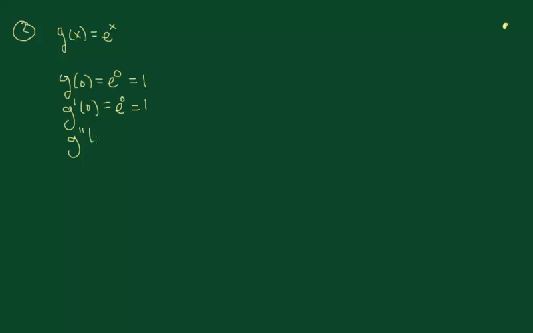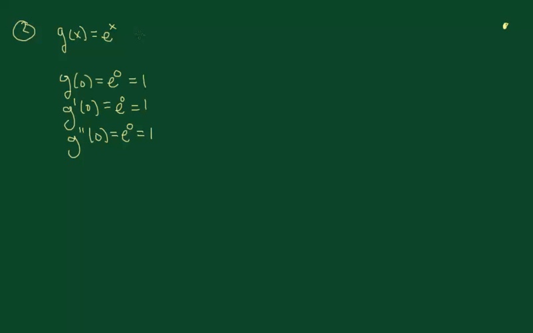The second derivative at 0, behold, is also 1. So you'll see no matter how many derivatives I take, it's always going to be 1. That is, the derivative is always going to be 1 at 0, the first, the second, the third, and so forth.